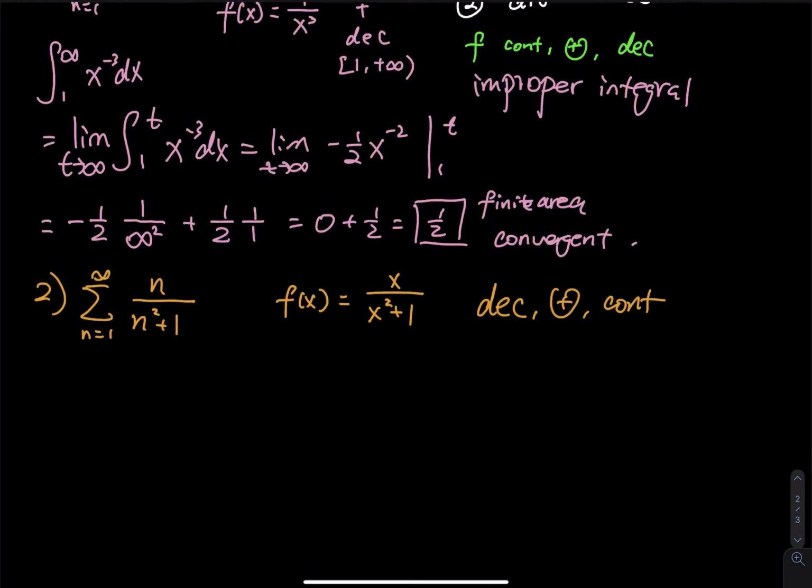Every time you plug in a value for x, you square it and add 1 to it, so the bottom is always positive. So that means the integral test applies, from 1 to infinity. One other way to prove that this is a decreasing function is to use your graphing calculator to graph it. But the denominator is always greater than the numerator, so this must be a decreasing function.